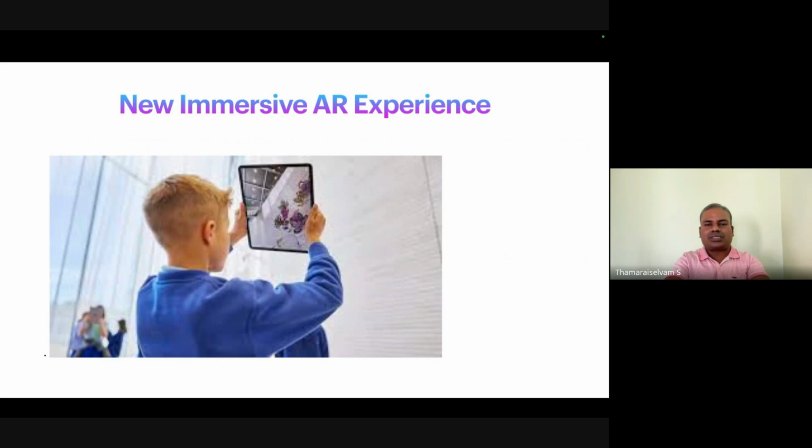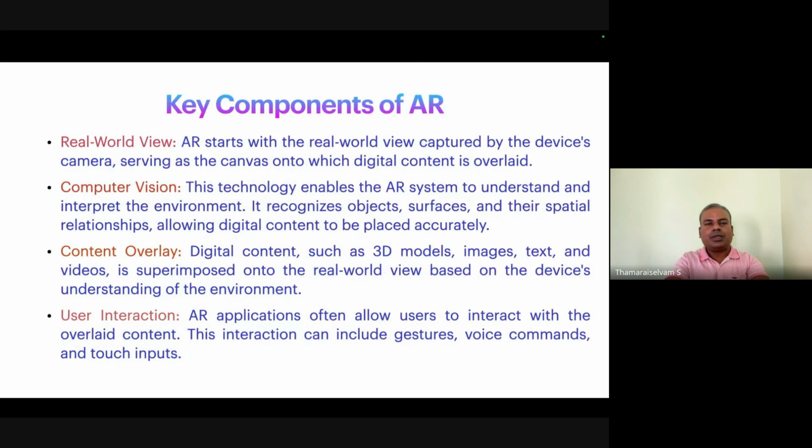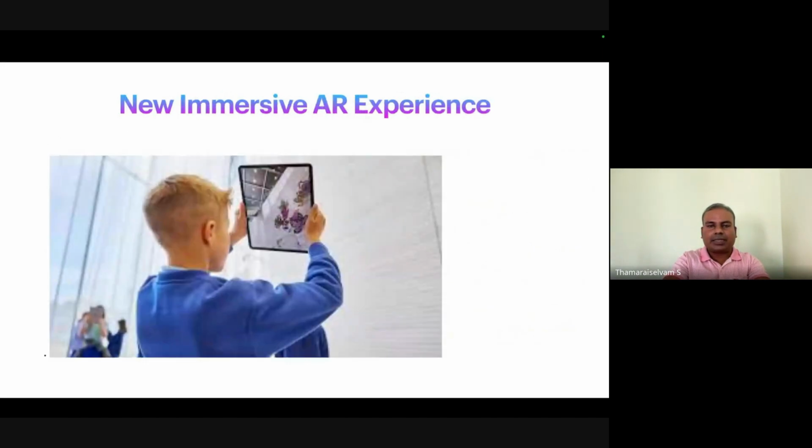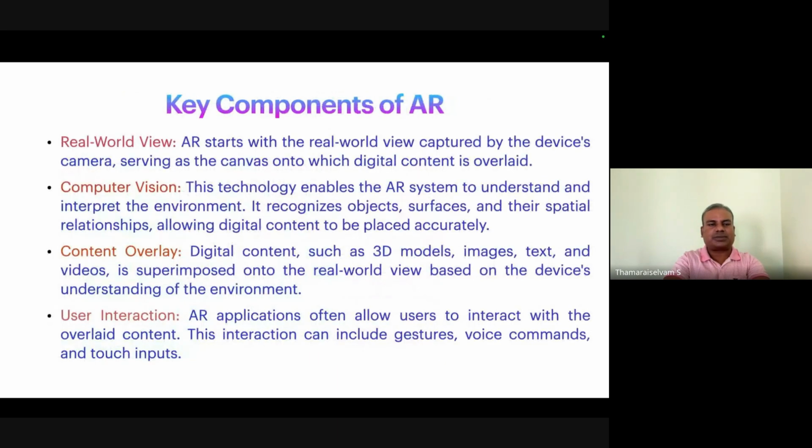Moving on, this is a new immersive augmented reality experience. What are the key components of augmented reality? A real world view. Augmented reality starts with the real world view captured by the device, probably using a camera serving as a canvas onto which digital content is overlaid, like the previous image. And computer vision.